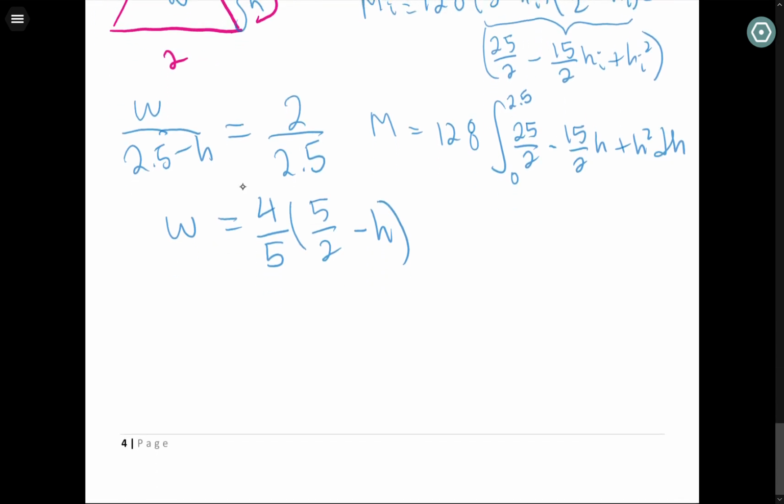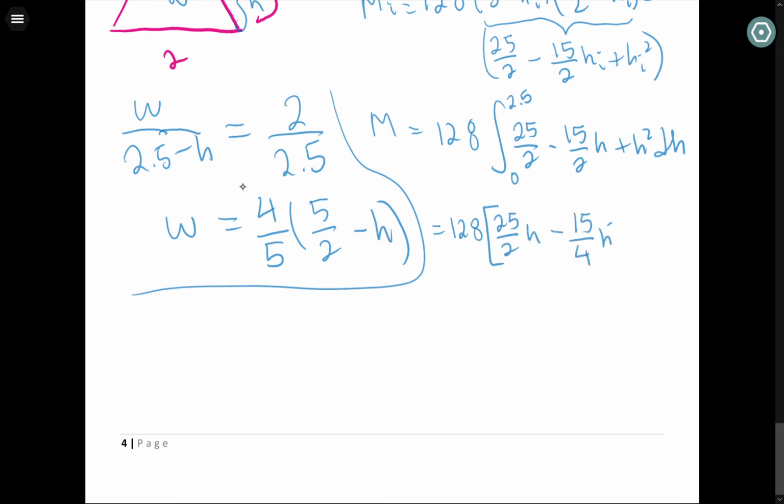So what do we have? We have 128 times 25 over 2 h minus 15 over 4 h squared plus h cubed over 3 from 0 to 2.5.